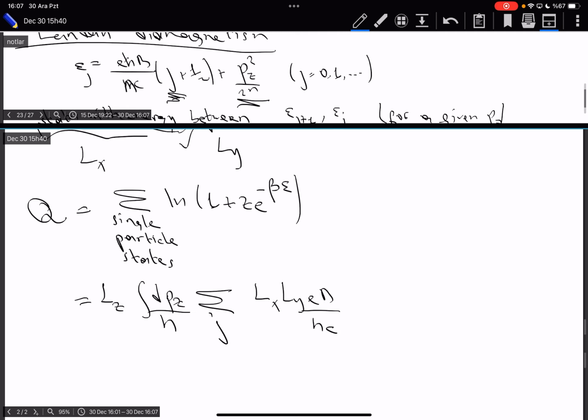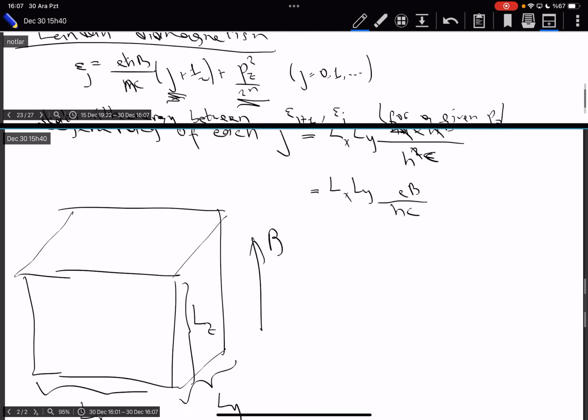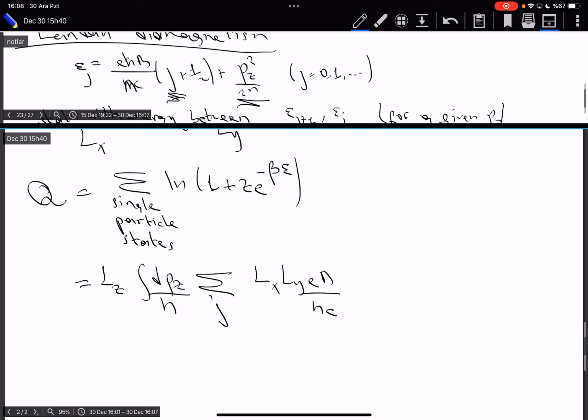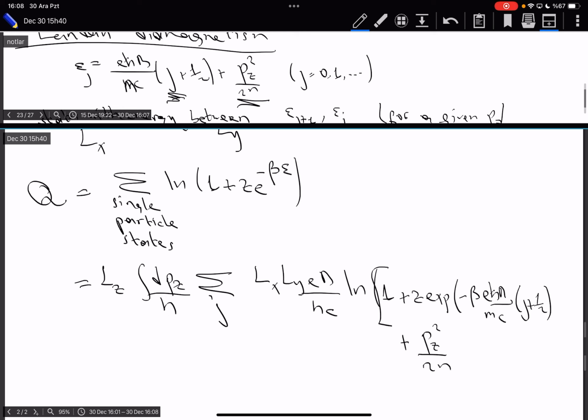This is the degeneracy, of the logarithm of 1 plus z exponent of minus beta times e h bar B over mc, j plus 1 over 2, plus pz squared over 2m. So this is my partition function. Now practically I know everything about the system.